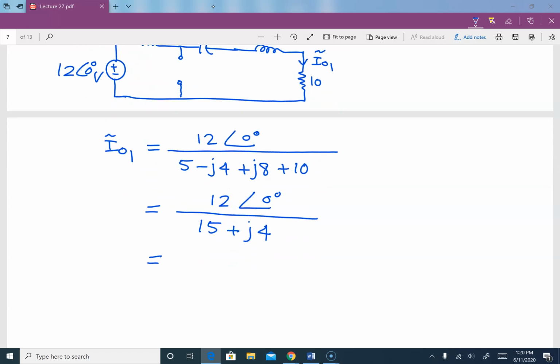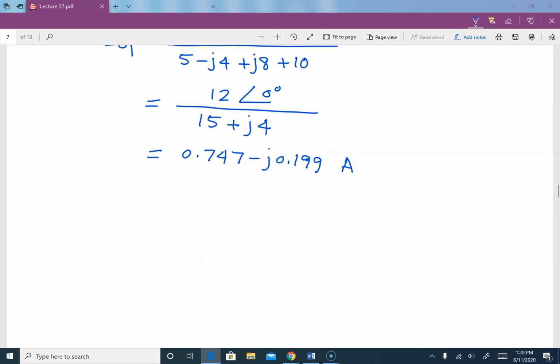And the answer here is equal to 0.747 minus J 0.199 ampere. That is our I naught 1.